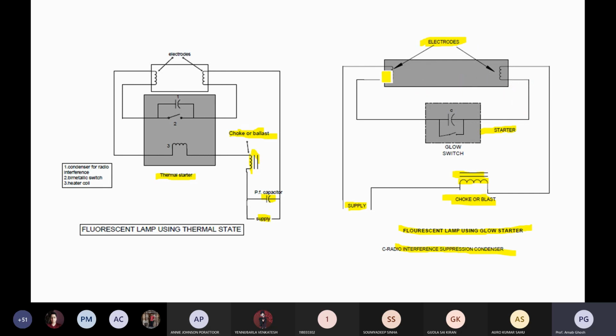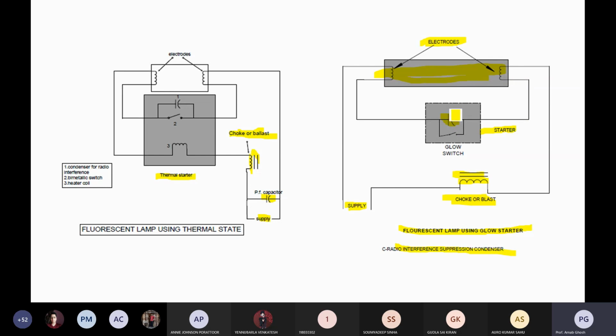That high voltage, then there is a bimetallic strip and a capacitor, so high voltage will be provided there. Then the gas will be ionized, and it will be the minimal resistance path, so there will be no current through this path. Then the current, the electrons, will flow this way.